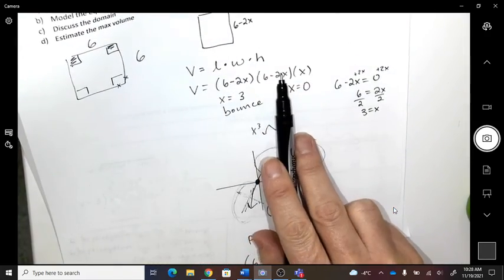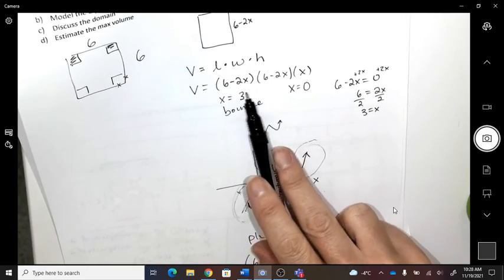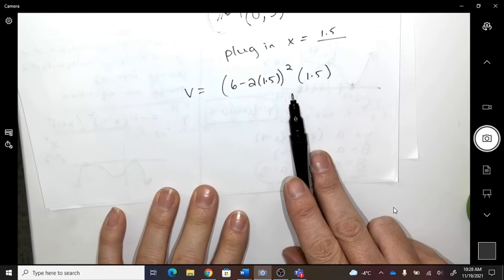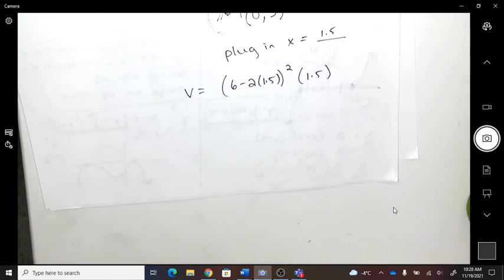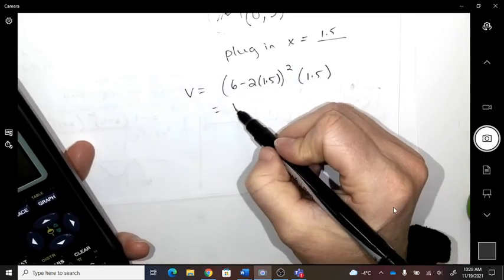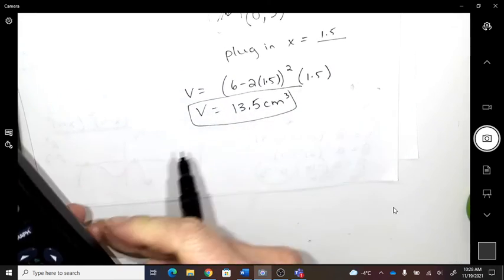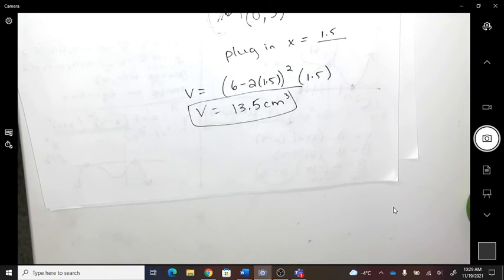Instead of me writing this and writing it again. See? This and this. I wrote it and I wrote it again. That's also the same as squaring something. Okay? So what's the highest volume this box is going to get to? It's an estimate, so approximately, I've got a 13.5 cubic centimeters.